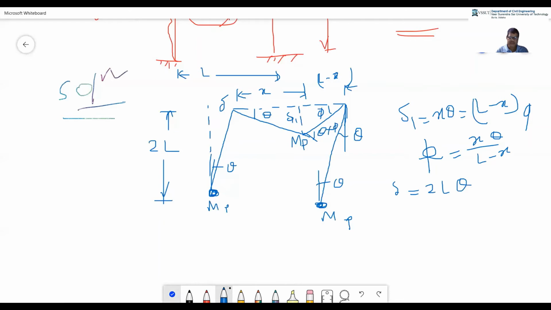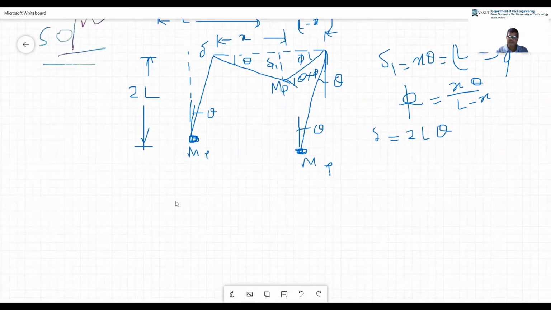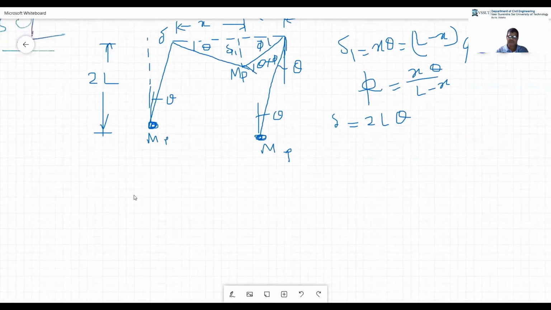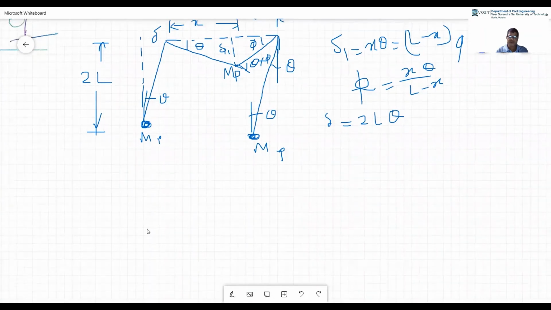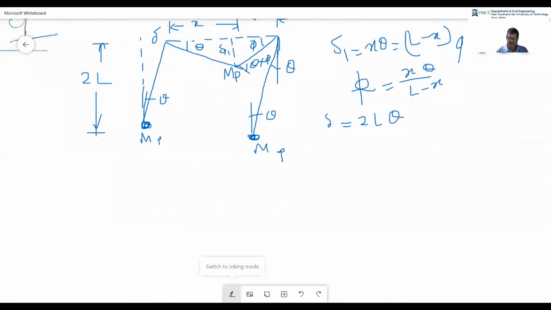Now let us find the equations for the internal work done and external work done. Let me write the equation, then I will explain.